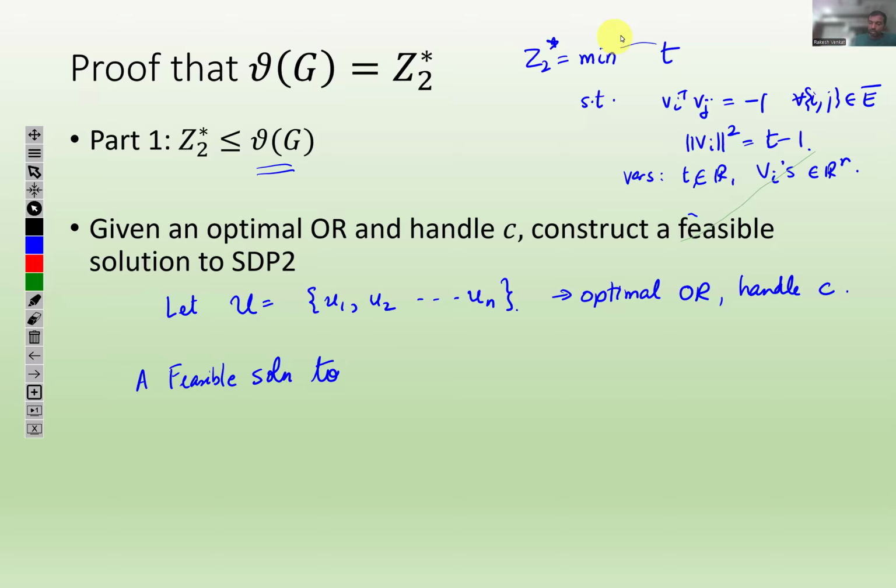Let me call this optimization problem SDP2. I define Vi to be C, the handle, minus Ui by C transpose Ui.